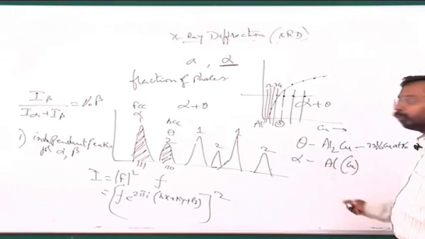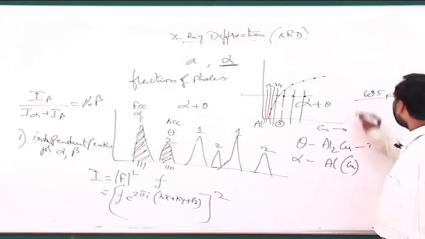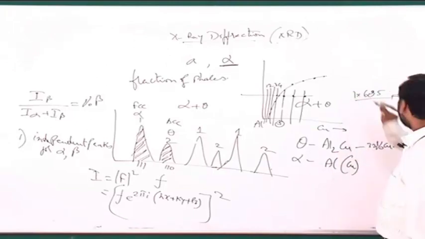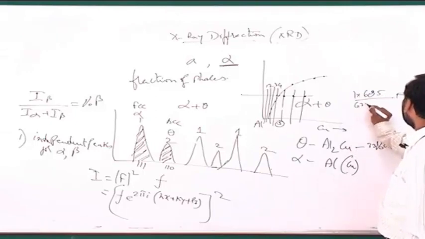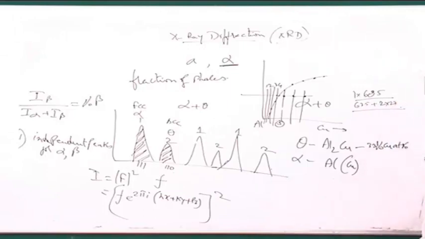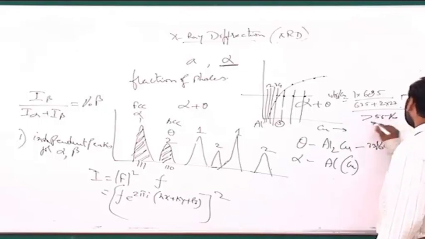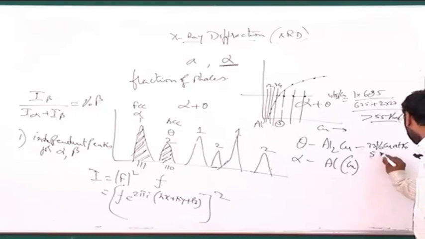So it is 63.5 divided by 63.5 plus 2 into 27, only 1 atom of copper being there. This is how I can find out the weight percent of copper in this compound. That turns out to be approximately 55%. So it is 55 weight percent.